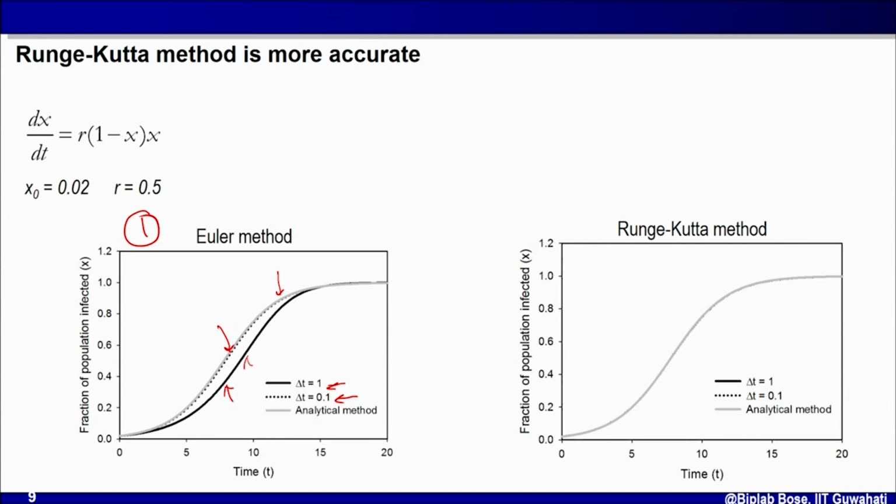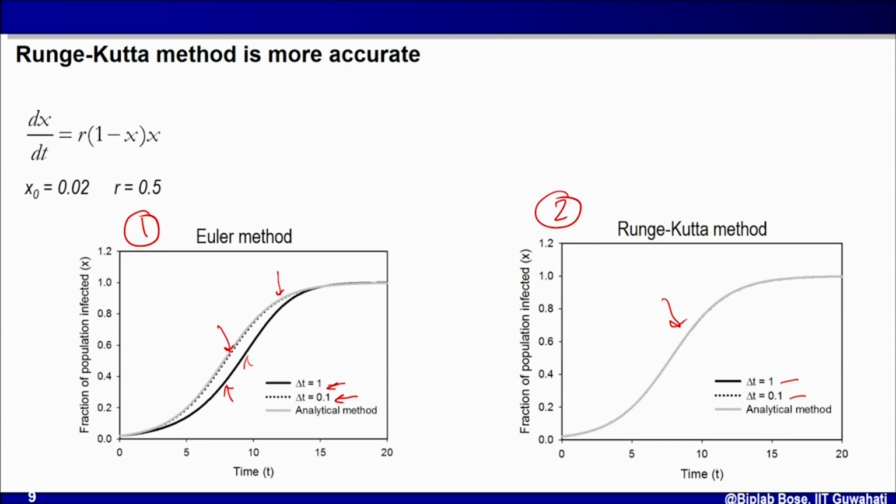Now let us look at what we get when you use the Runge-Kutta method that we have discussed till now. Again, this plot 2 is the same system. Again, I have plotted the exact solution by a gray line, and I have done 2 simulations using the Runge-Kutta algorithm with delta t equal to 1 and delta t equal to 0.1.